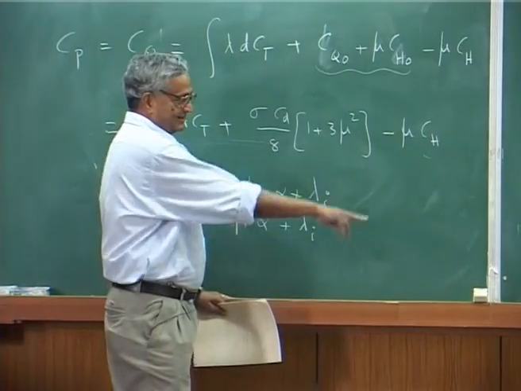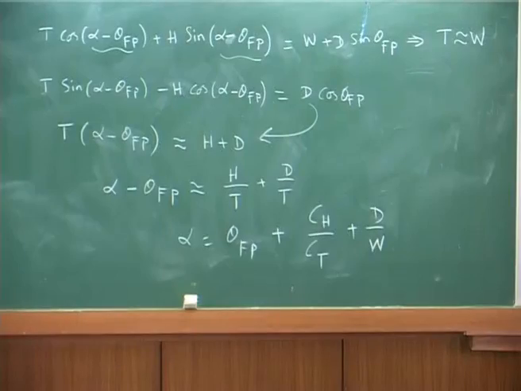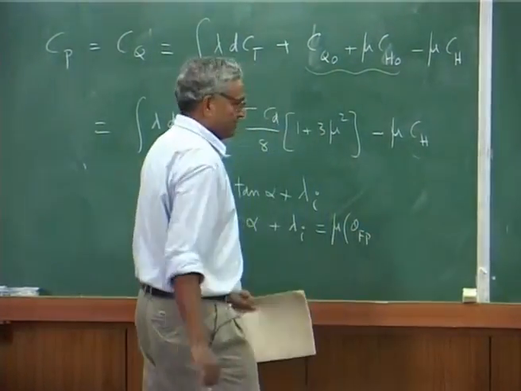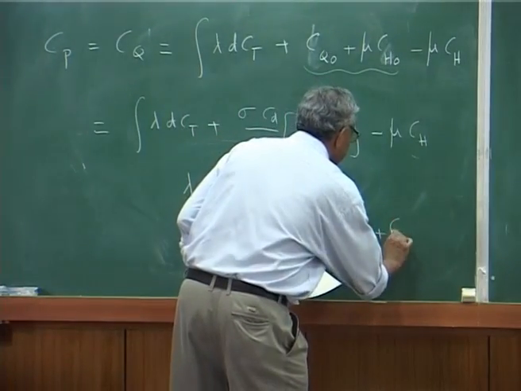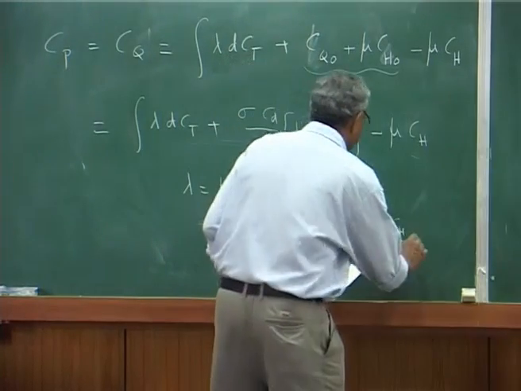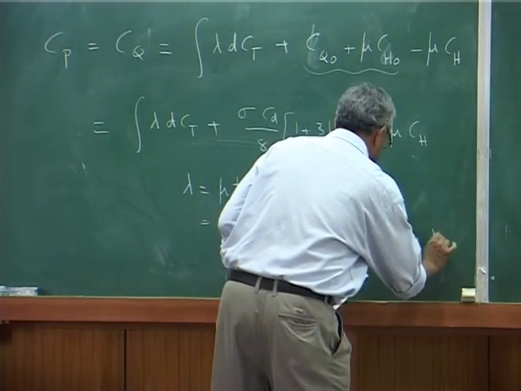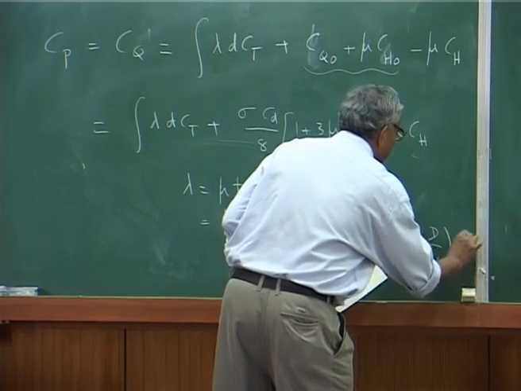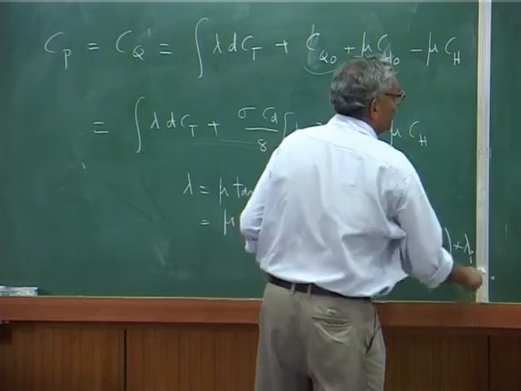For alpha I am going to write that expression, which is mu times theta f p plus C h over C t plus D over W, plus lambda I.